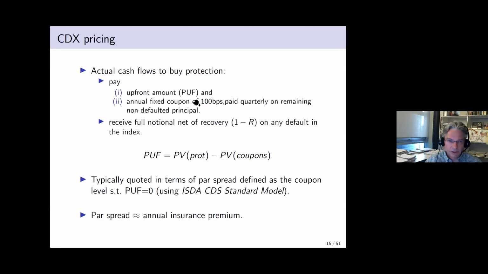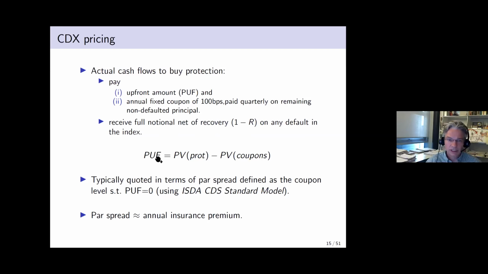So payments are this upfront and the fixed annual coupon, and what you receive is losses on the bonds within the portfolio. As a result, the prices in the market that get quoted are these full upfronts that you need to exchange to enter the contract.